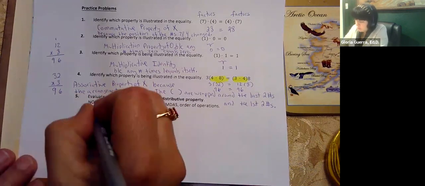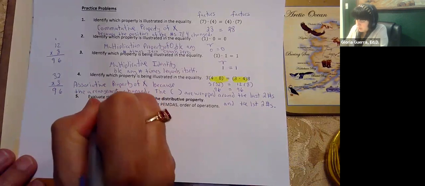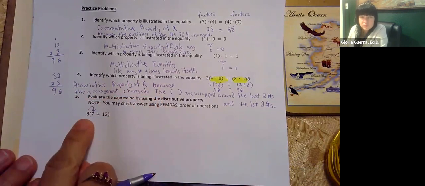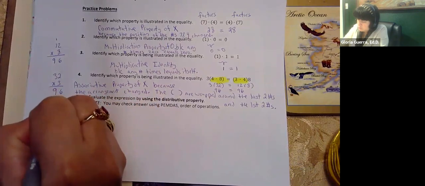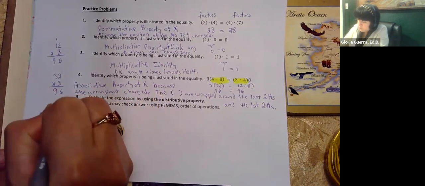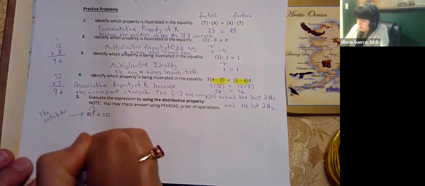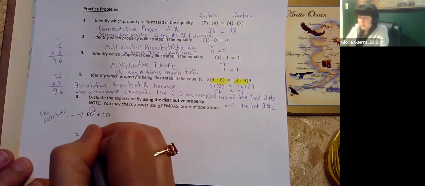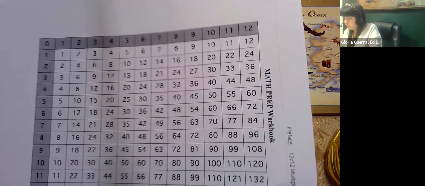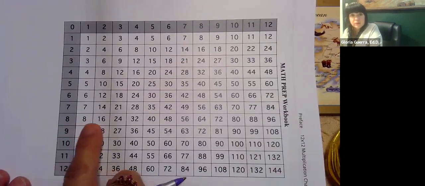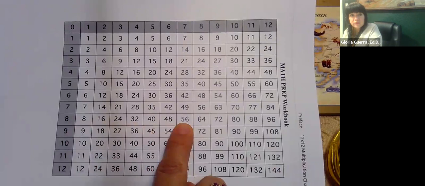So in the distributive property, I like to use arrows. 8 is the distributor. So think of 8 as the distributor. And so you're calculating 8 times 7, which is 56. If we look that up here, 8 times 7 is 56.